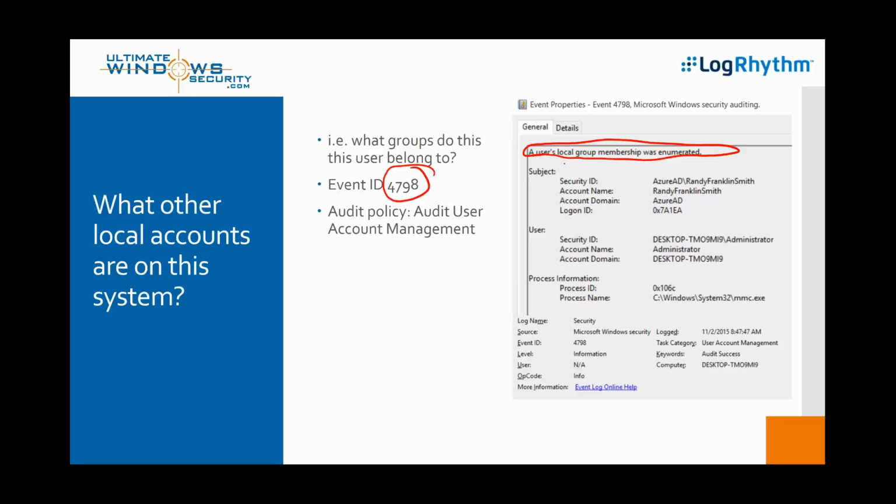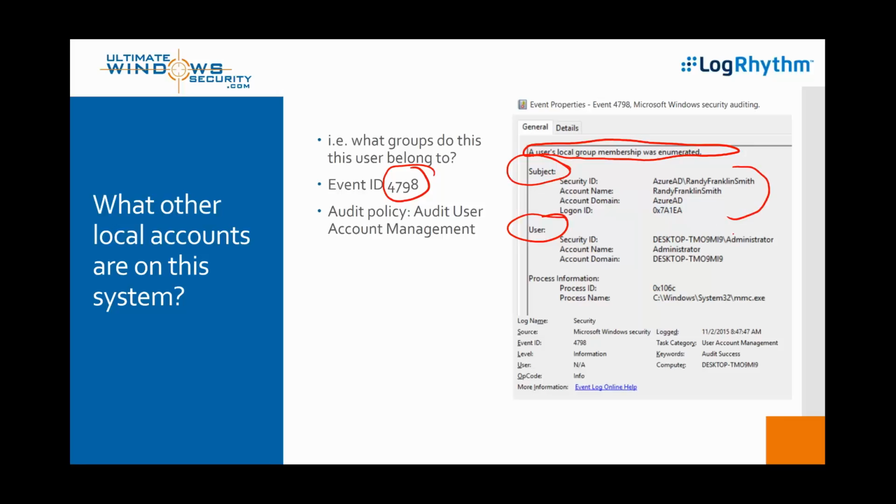What it's going to do is show you who did it and what user was impacted. So what do we see here? I am logged on to my PC in this event with my Azure AD account. That's a new thing you can do in Windows 10 and 2016. So that's who did it.